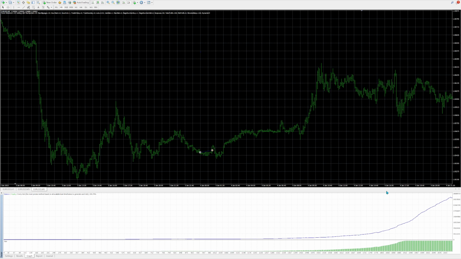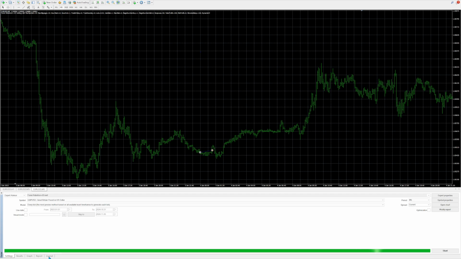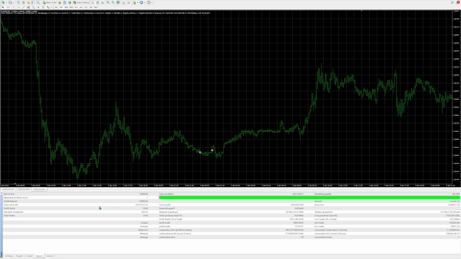You can see there, fantastic performance as well on the pound dollar. Again, a similar amount of, well, a lot more profit actually, 25 mil on that, I think it was. Well, it was high on the euro dollar as well. This is backtesting, profit factor of 10, 96% win rate.